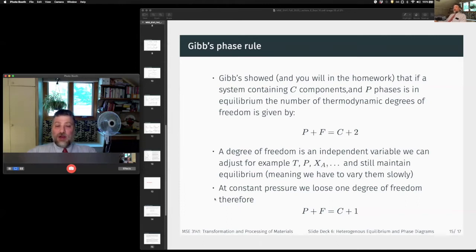If we are in the world that we live in as material science, generally at constant pressure, we lose 1 degree of freedom. So the constant pressure Gibbs phase rule is P plus F equals C plus 1. But the general phase rule is P plus F equals C plus 2.